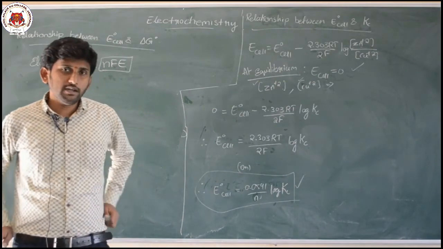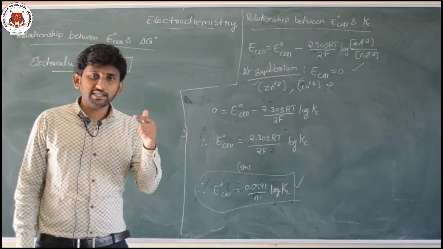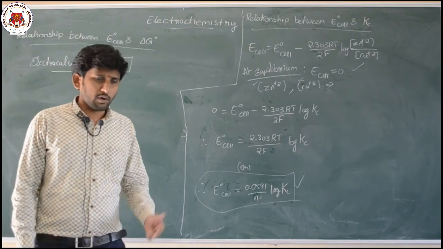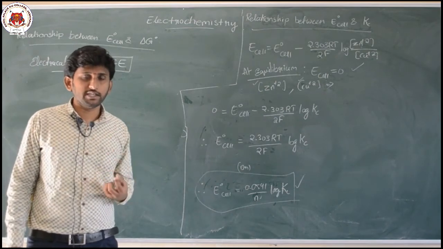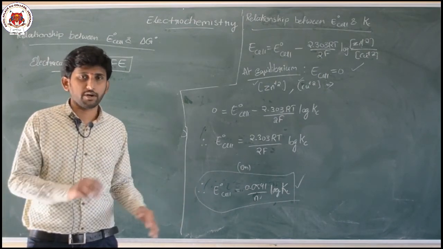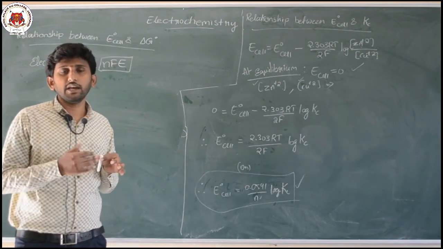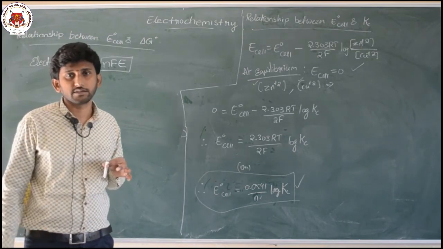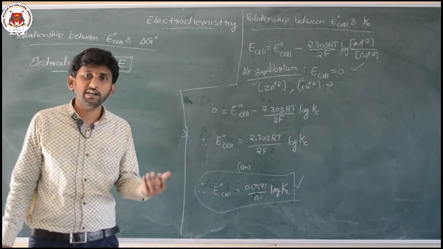And how is this work done? By utilizing chemical energy. What is chemical energy? It is nothing but the stored form of energy in the chemicals, whether it may be the zinc rod or the copper rod you are taking. From where is the potential generated? Due to the oxidation and reduction reactions. What are oxidation and reduction reactions? Those are chemical reactions.